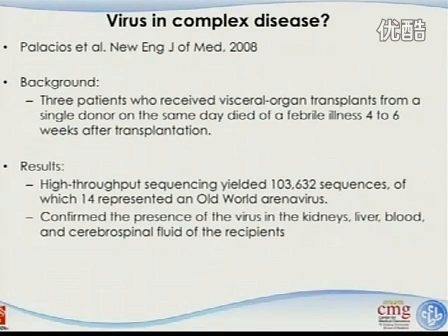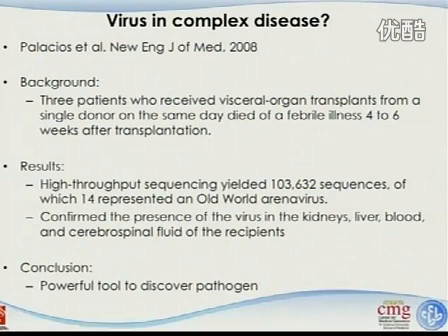They confirmed the presence of this virus in the kidneys, liver, blood, and spinal cord fluid of these recipients, using RNA PCR assays. Their conclusion is that the donor carried a virus into the recipients and caused them to die. The conclusion here is that this is powerful for discovering pathogens.